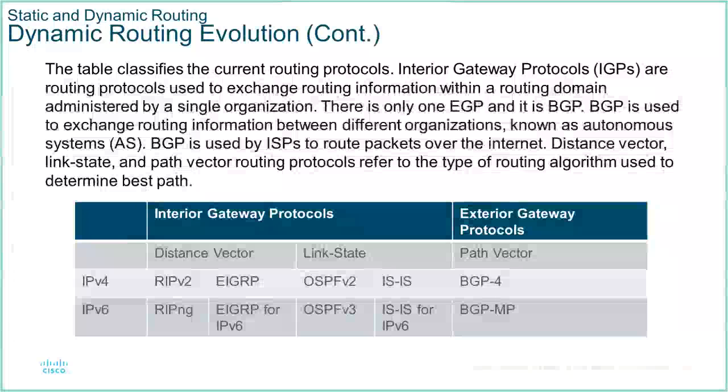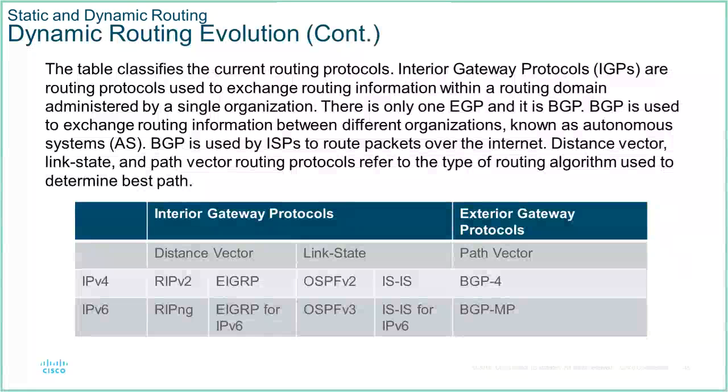And we can separate these protocols into interior and exterior. An interior protocol is our organization's protocol. It's the protocol we use within our organization, but we do not communicate with other organizations. So we don't share our routes with another organization.